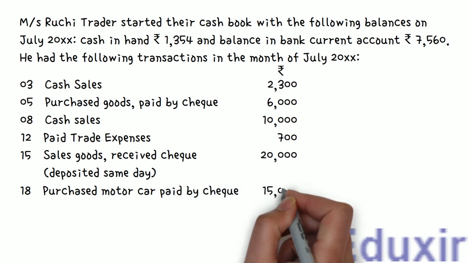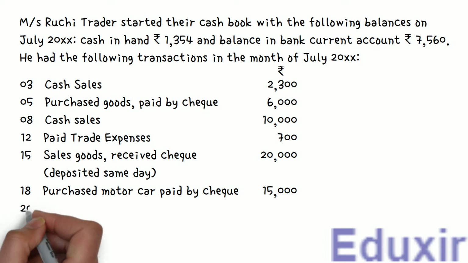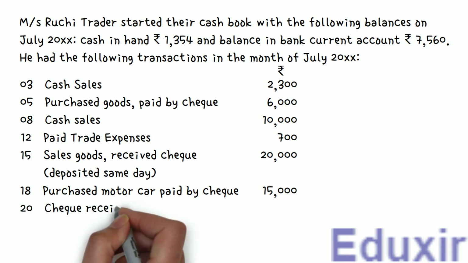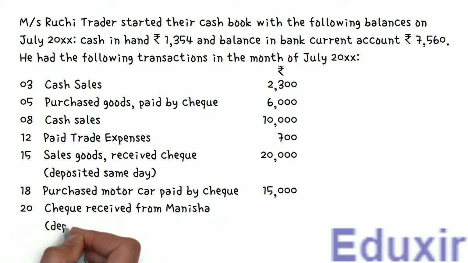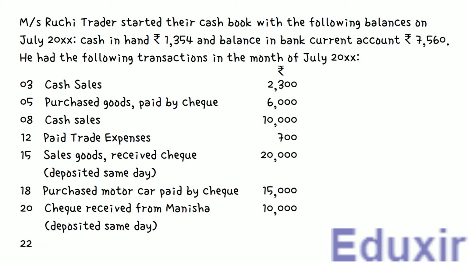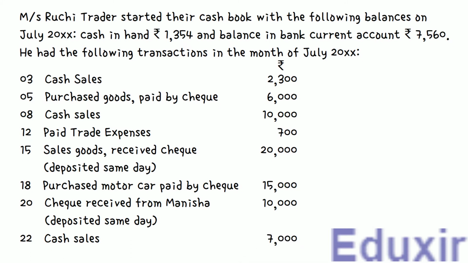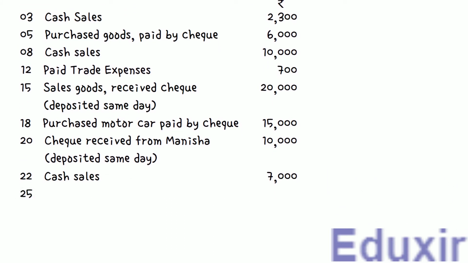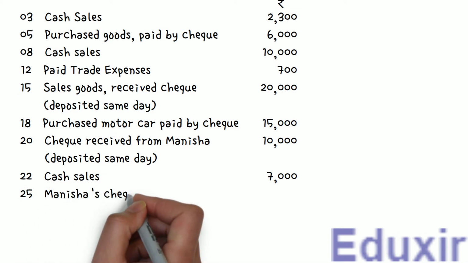On 18th July, purchased motor car paid by check 15,000 rupees. On 20th July, check received from Manisha deposited same day 10,000 rupees. On 22nd July, cash sales 7,000 rupees. On 25th July, Manisha's check returned dishonoured.